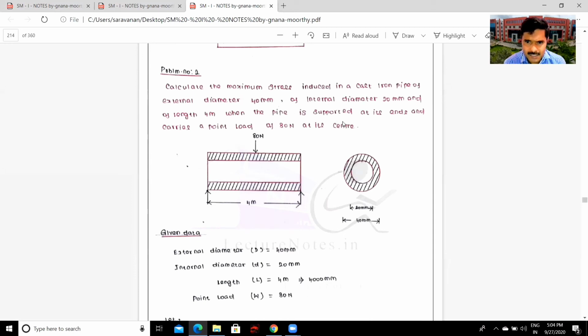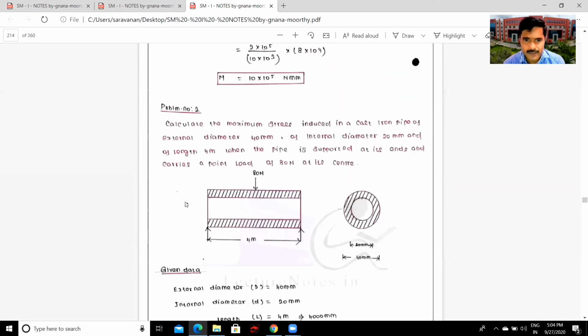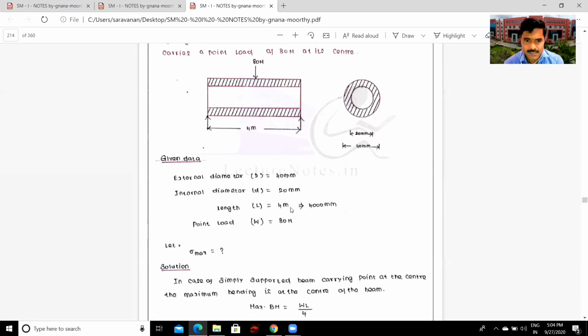The pipe is supported at its ends, like a simply supported beam, and carries a point load at the center of 80 Newton. So it's like a simply supported beam subjected to a point load at the center. What is the maximum bending moment? WL by 4. Right? So here, in the given data, what they are asking in the problem is the maximum stress induced. So maximum stress you have to find out.